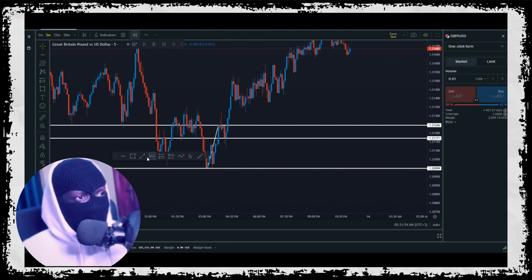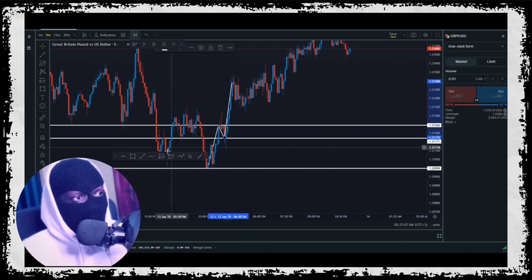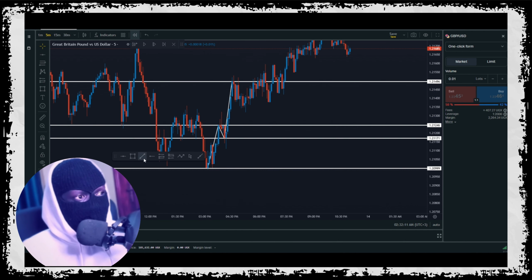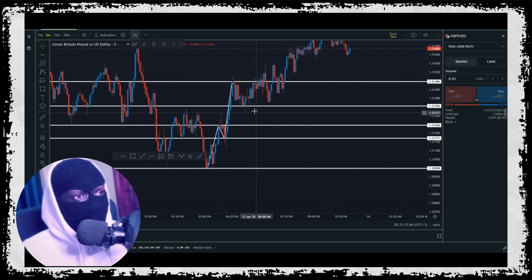And then from there we had this pullback. We are then having this impulse to the upside, having the body of buyers and sellers on the same level, giving us resistance. The market pulling back to this zone here, body of sellers and then body of buyers.